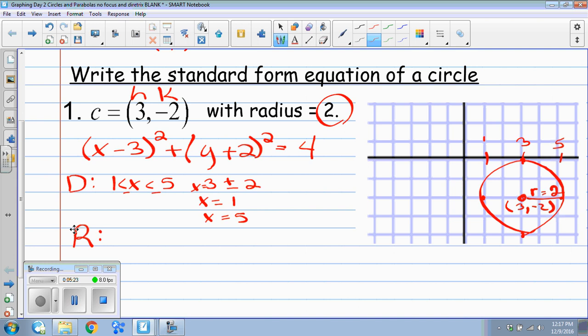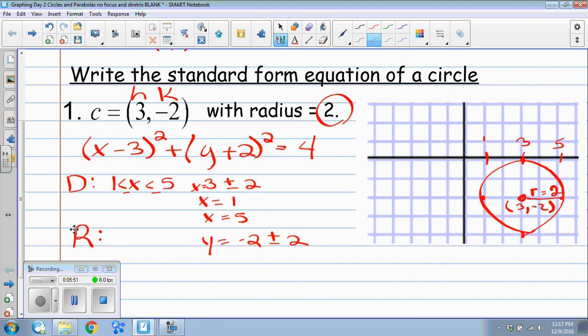So how high and how low does that circle go? We'll apply the same concept. So we're going to take what and add and subtract our radius? The y value for the center, right? So negative 2 plus or minus our radius, and our radius is 2.